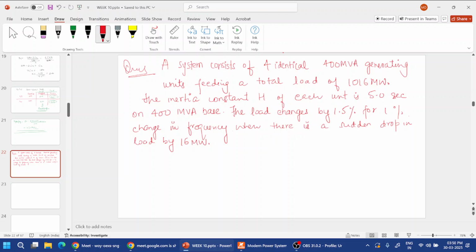we have to find, obtain the block diagram expressed on 1600 MVA base.